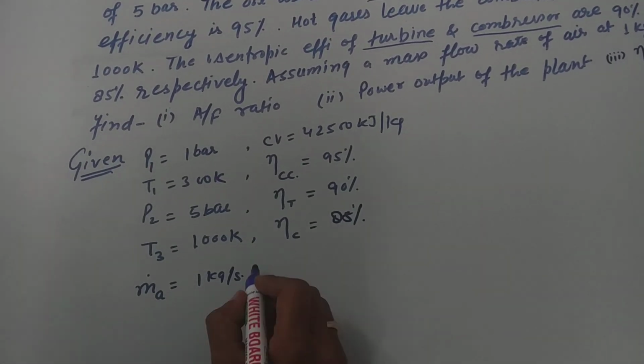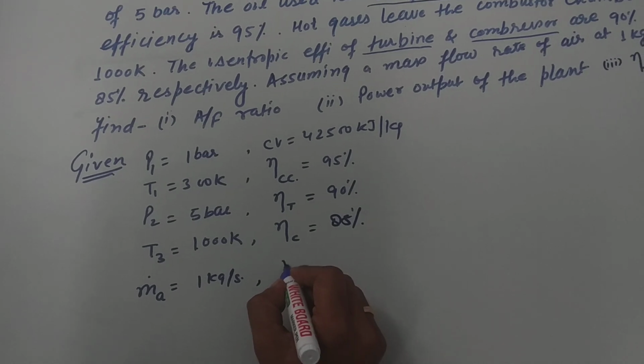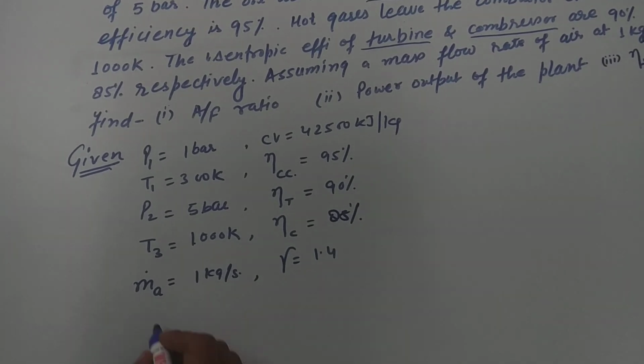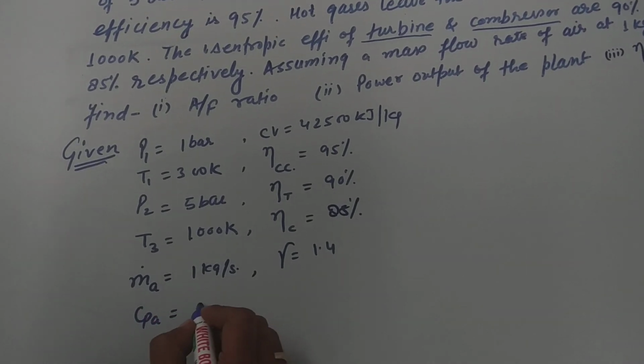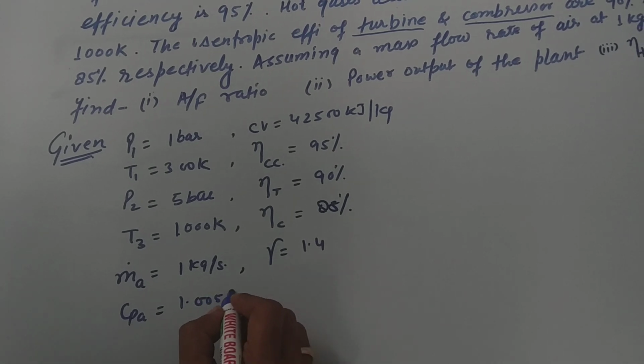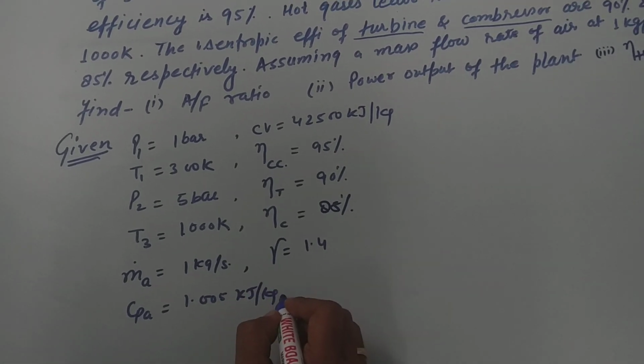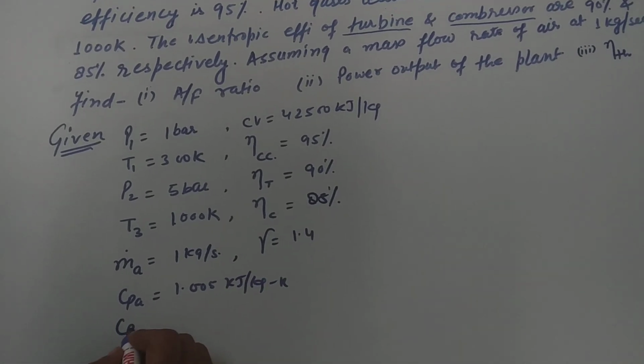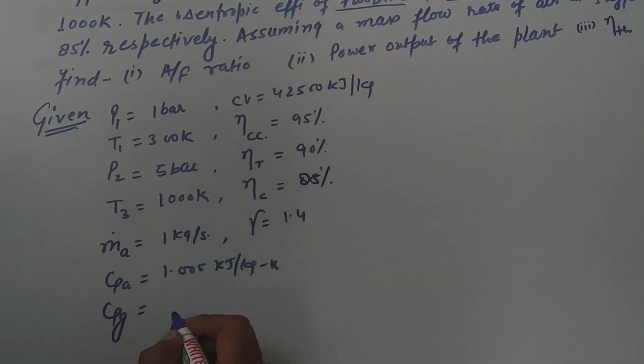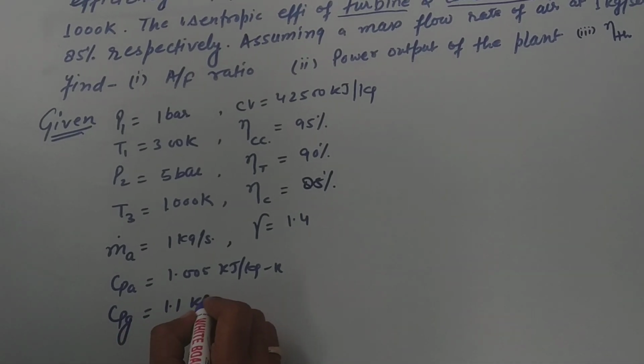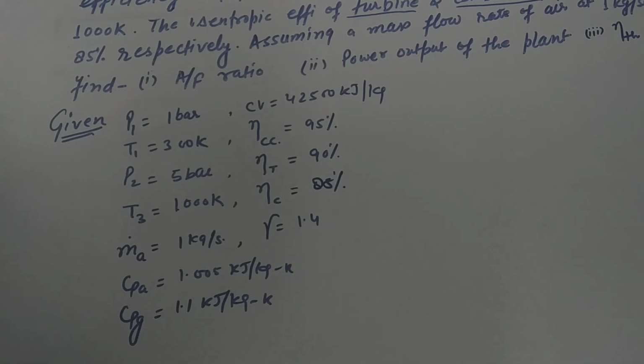Take gamma equal to 1.4, Cp of air equal to 1.005 kJ per kg Kelvin, and Cp of gas equal to 1.1 kJ per kg Kelvin.